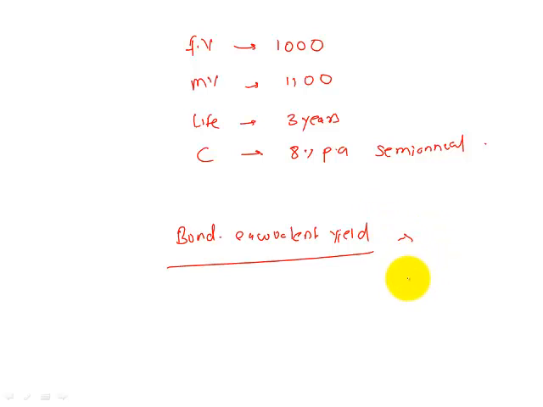How much? 4.4 is the YTM of the bond, and it is also the bond equivalent yield.